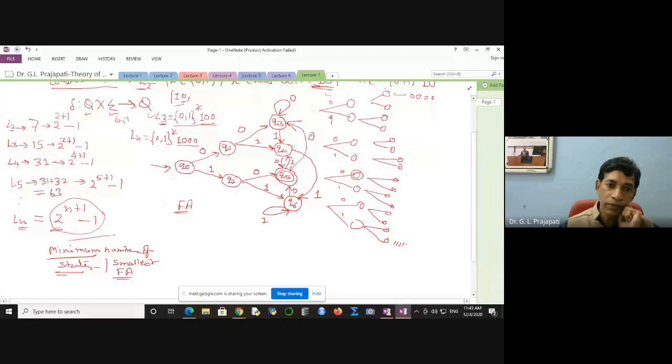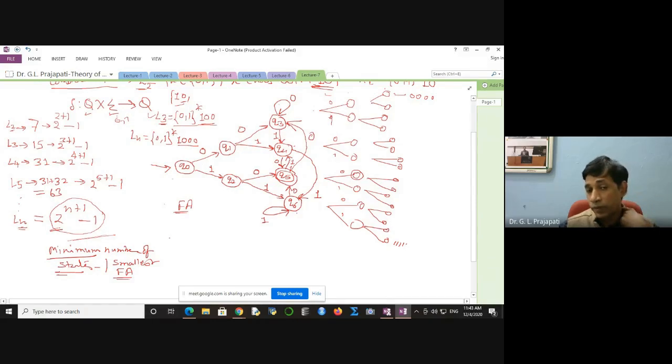So here also, if somebody asks you to construct the FA for a language, you can construct it in your own way. This is not unique actually. The language represented by an FA is unique, but for a given language, you can construct the FA in different ways.